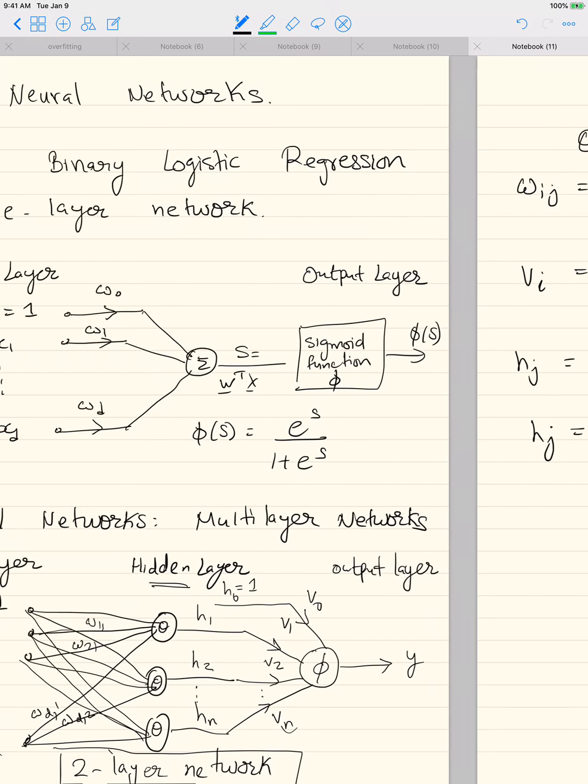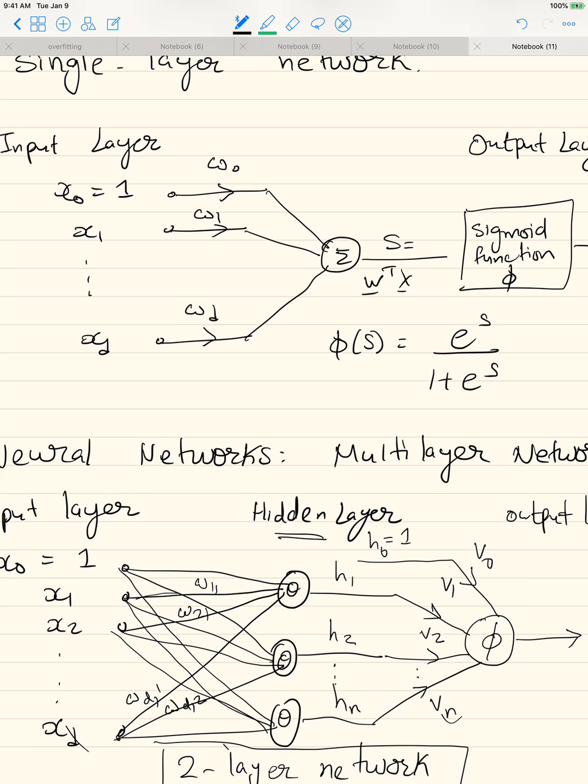So the idea here is that if you go to one particular value H2, which is the output of the second node in the hidden layer, it is obtained by taking a weighted sum of all the incoming edges onto that node. So the first edge is this one. This is W12. It will be the weight on this edge.